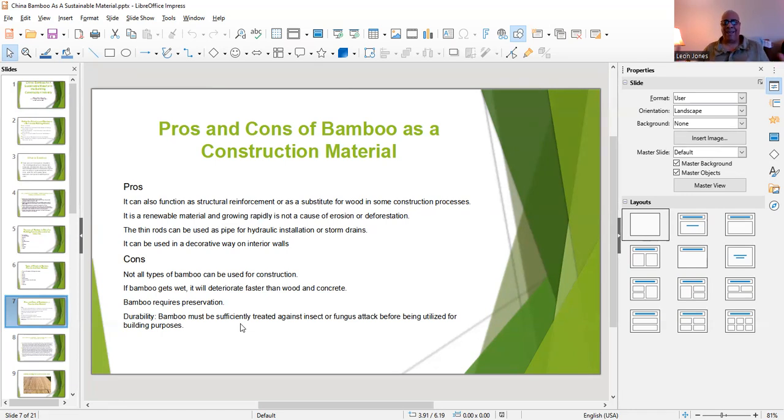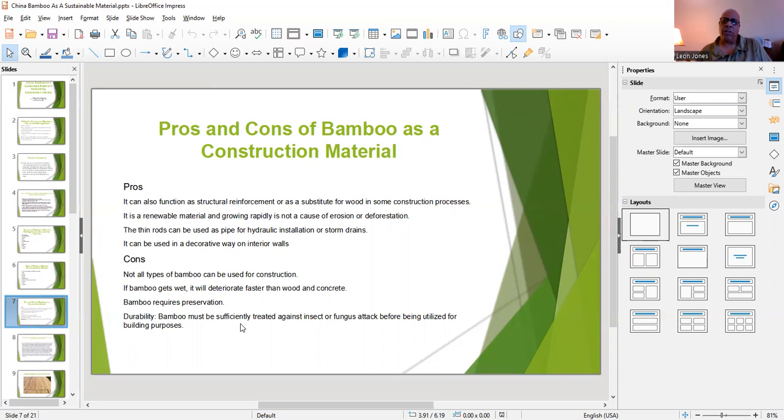It doesn't have any type of cause for erosion or deforestation. Now, the thin rods of bamboo can be used as pipe or hydraulic installation or storm drains. And I will show you some structures when I conclude this presentation. It can also be used in a decorative way on interior walls.